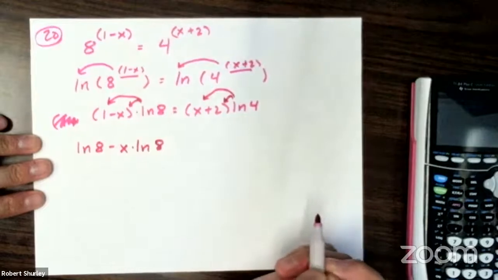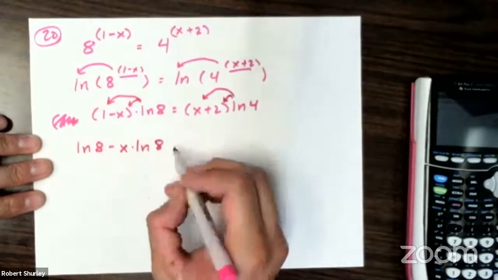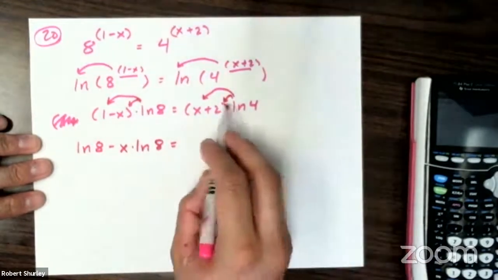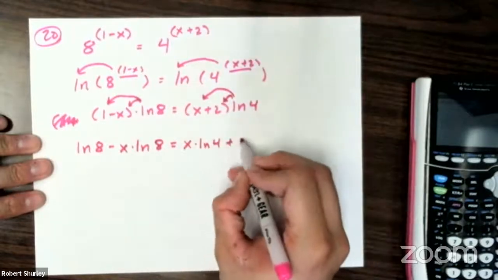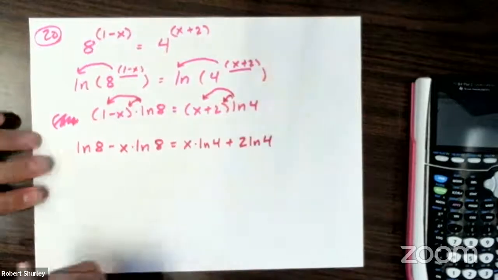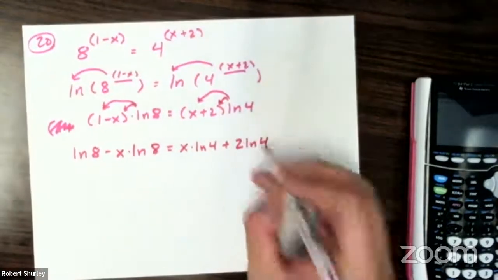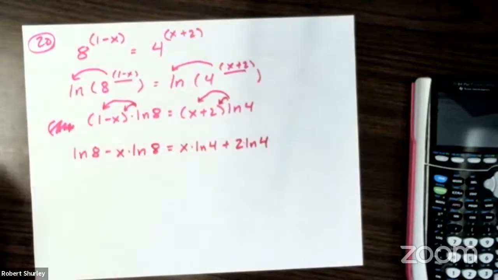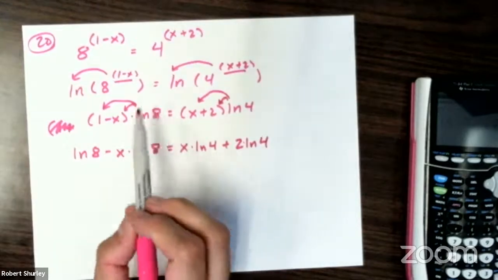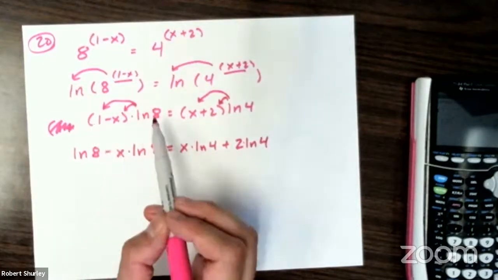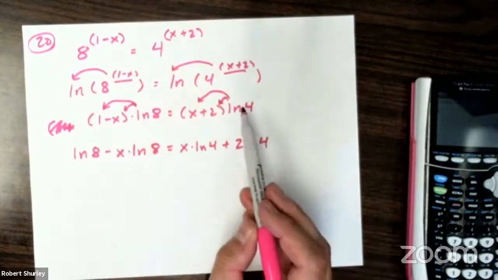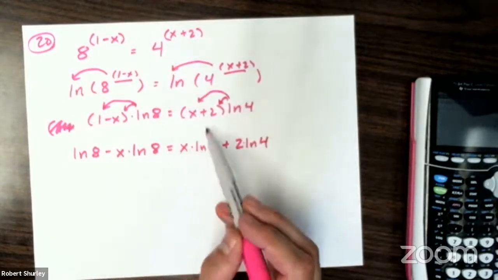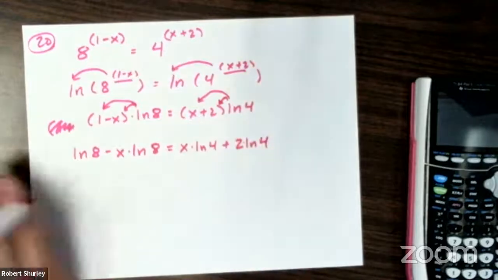So it's going to be x times ln 8, really minus x times ln 8. Distribute the ln 4, so I get x times ln 4 plus 2 times ln 4. So all I did was take the ln 8, distribute it to both terms, 1 times ln 8, minus x, well, that's just negative x times ln 8. Same thing here, ln 4 times x, and then 2 ln 4.